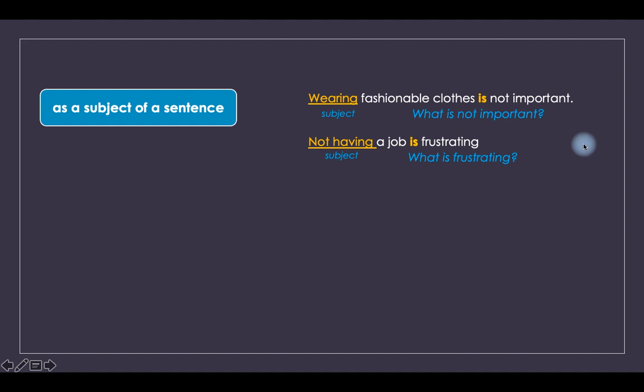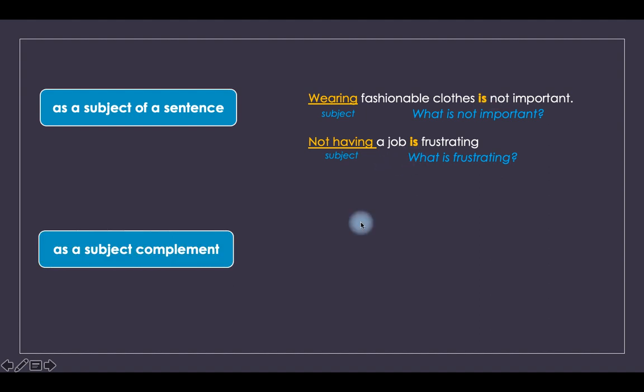So we can use gerunds in the negative form as well by adding not before the gerund itself. Please pay attention to the verb. We use verbs in singular with the gerund form, okay? Is not important. Not are, but is.